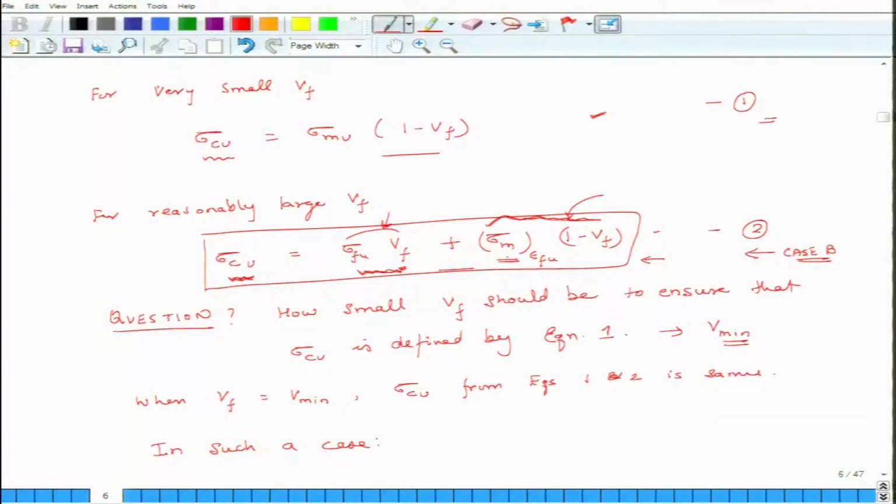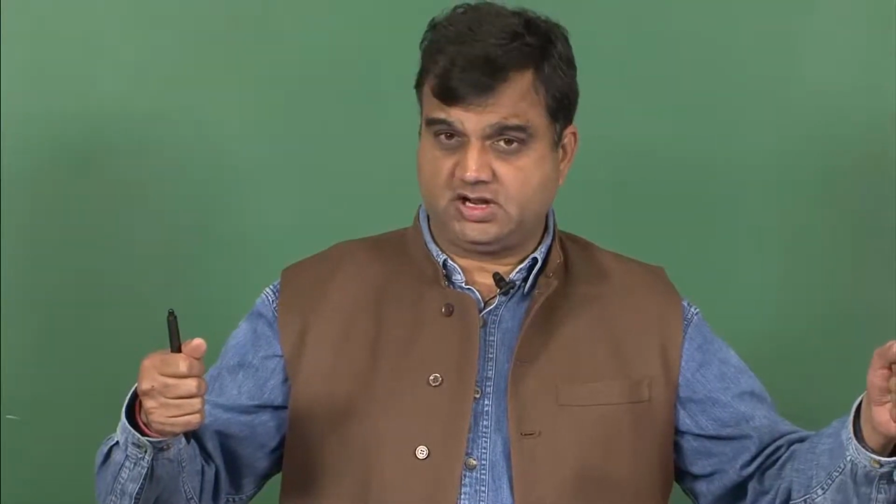But what do we want when we make a composite? The matrix is very weak in general, and we have seen earlier through material properties that fibers are very strong.